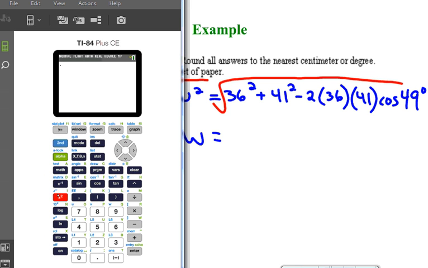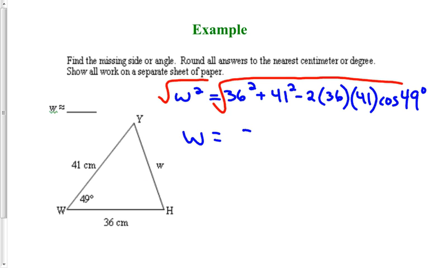Square root of 36 squared plus 41 squared minus 2 times 36 times 41 cosine 49. Don't forget to make sure you're in degree mode always. Equals. They wanted me to round to the nearest centimeter, so this will round to 32 centimeters.